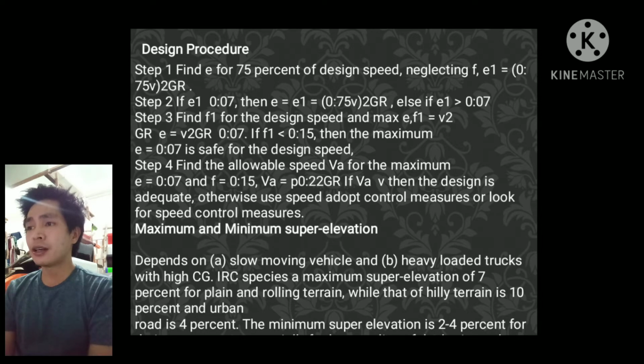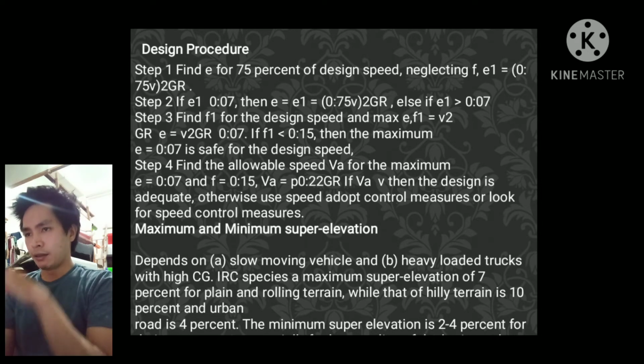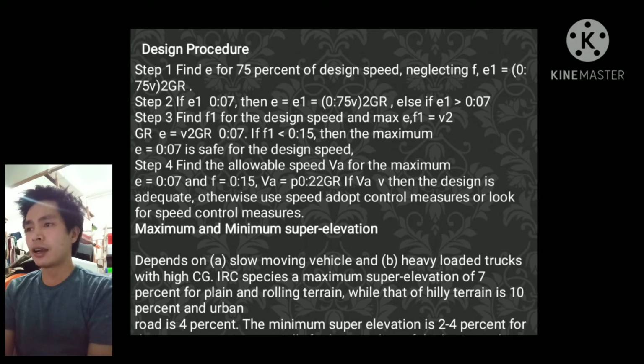Step 4: Find the allowable speed Ve for the maximum e equals 0.07 and f equals 0.15. Ve equals the square root of 0.22 gR. If Ve is greater than V, then the design is adequate. Otherwise, use speed control measures.